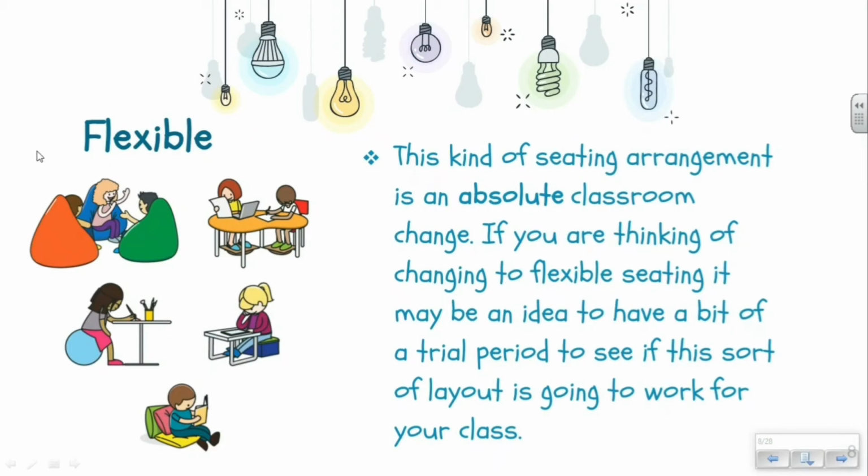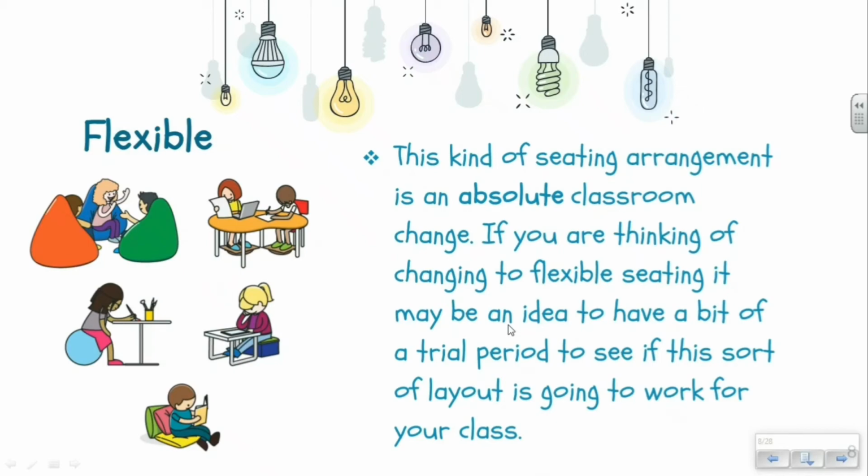Now here comes the most exciting organization, which is flexible seating. This kind of seating arrangement is an absolute classroom changer. It's so innovative, so creative, and so inspiring. If you're thinking of changing to flexible seating, though, it may be an idea to have a bit of a trial period to see if this sort of layout is going to work for your classroom.